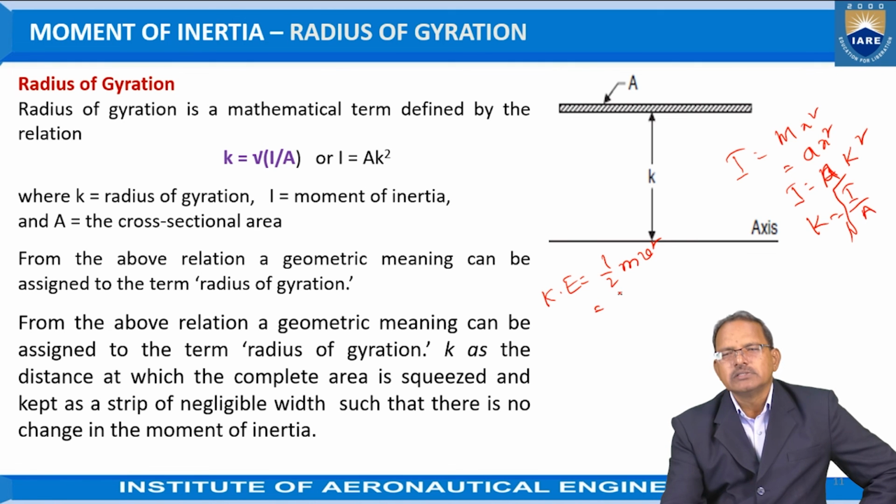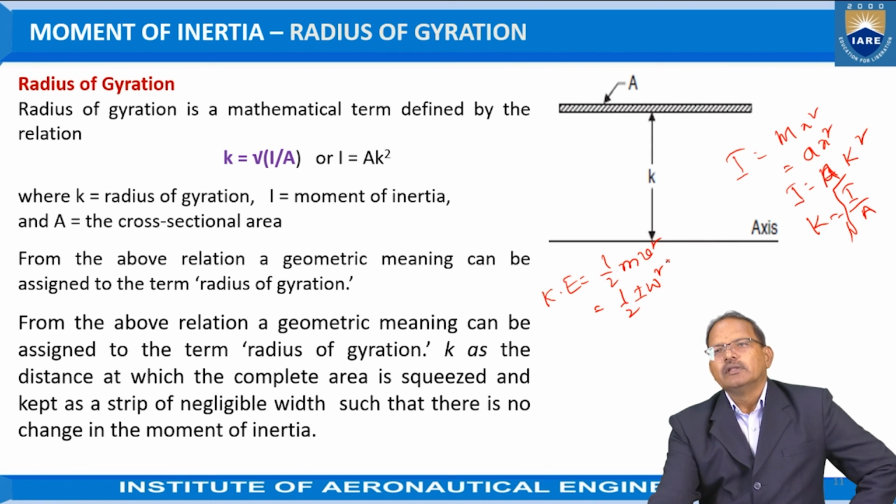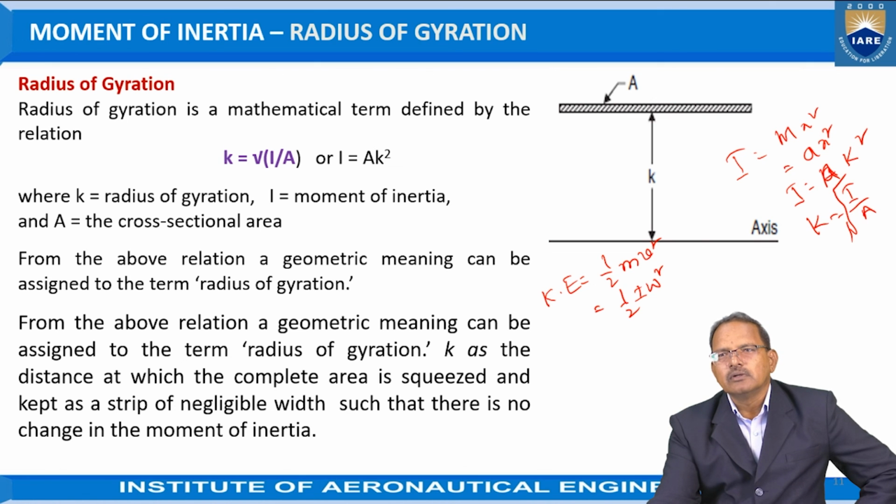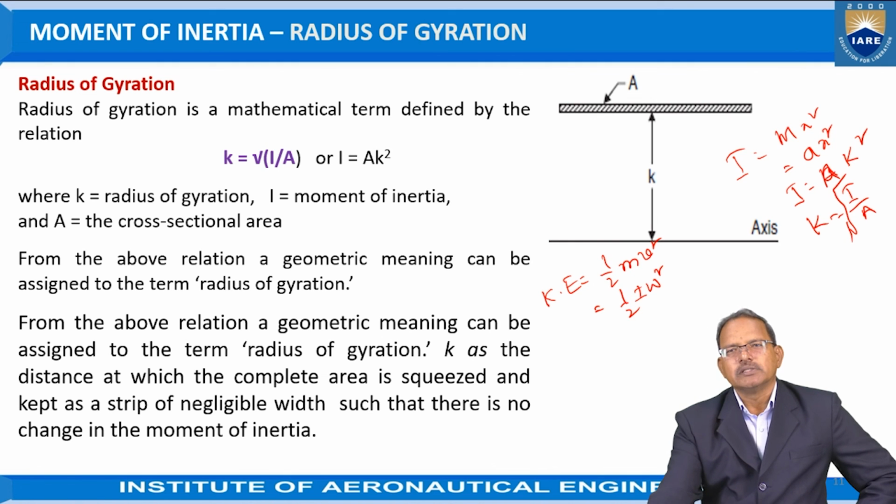But when the mass is in rotational motion, it can be written as one by two I omega square. That is, the moment of inertia plays the role of mass when the body is in rotary motion. This is the importance of the moment of inertia, and it is most useful particularly for engineering applications.